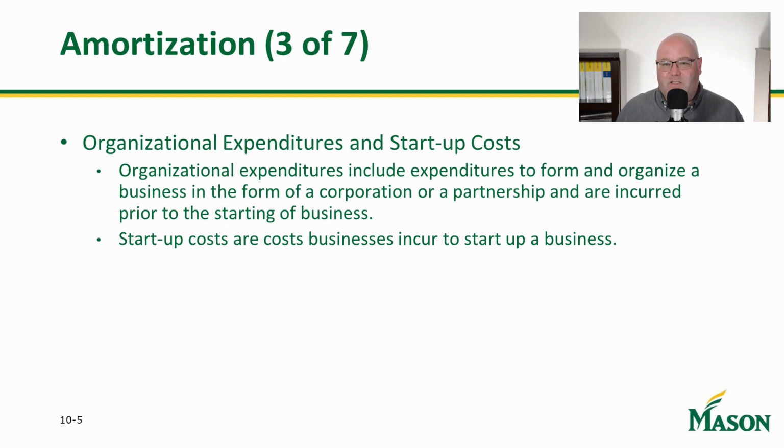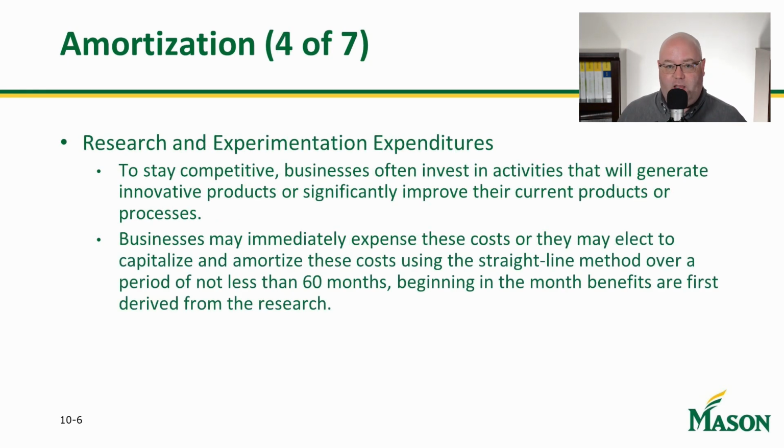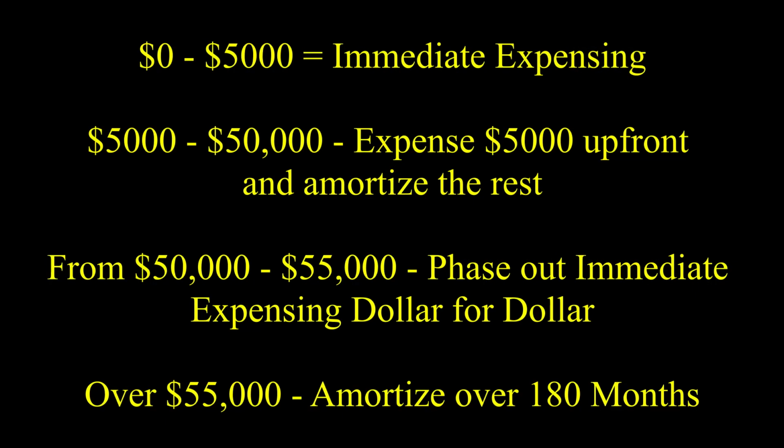Nowadays, with a lot of stuff like LLCs, you can form them with like $100. You're not going to be actually amortizing that over time, because of the immediate expensing, as we'll talk about. Basically, if it's up to $5,000, you write it off all at once. If it's $5,000 to $50,000, you will write off $5,000 and amortize the rest.